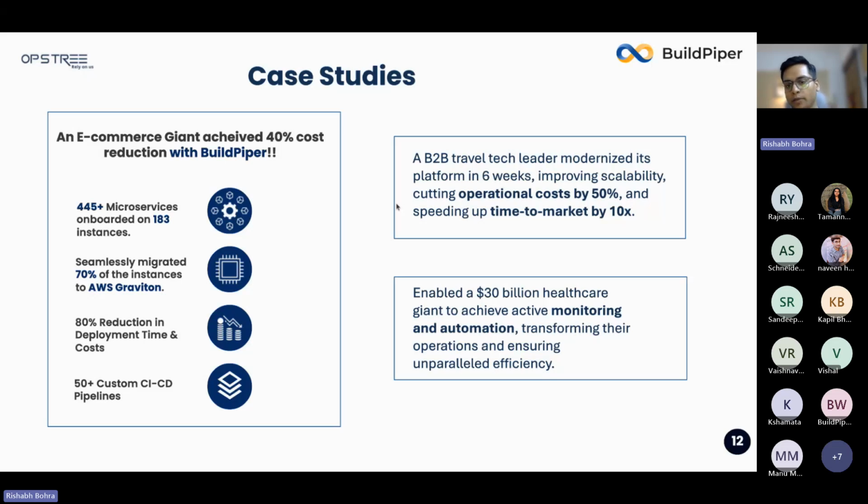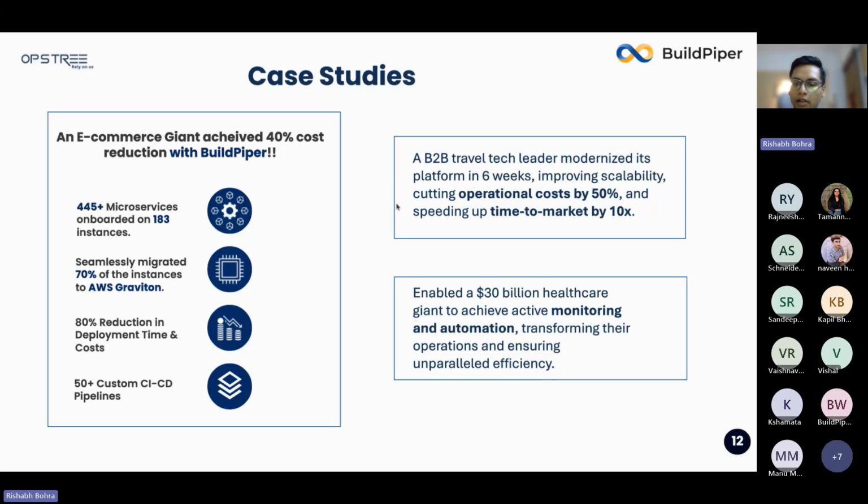So this was an e-commerce giant, and similarly, we have this B2B travel tech leader who modernized its platform in 6 weeks, improved the scalability, cut the operational costs by 50%, and sped up the time to market by 10x, which is a huge number in itself.